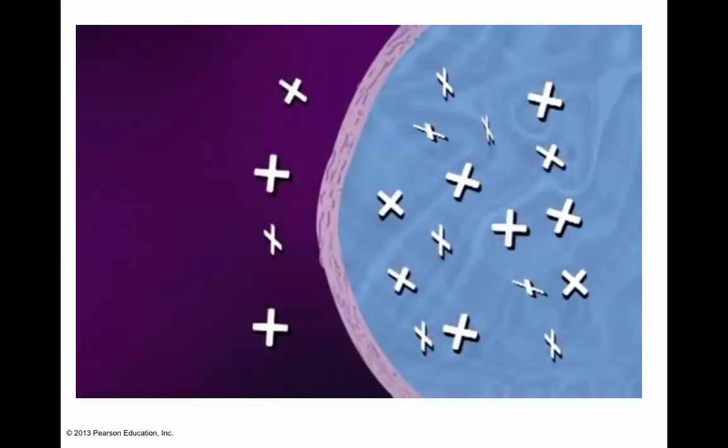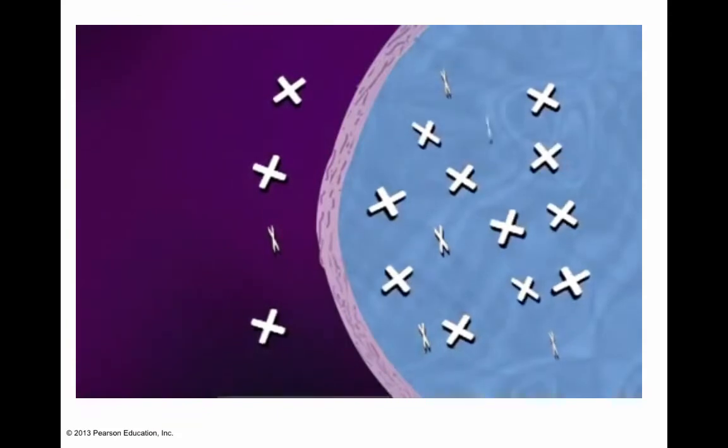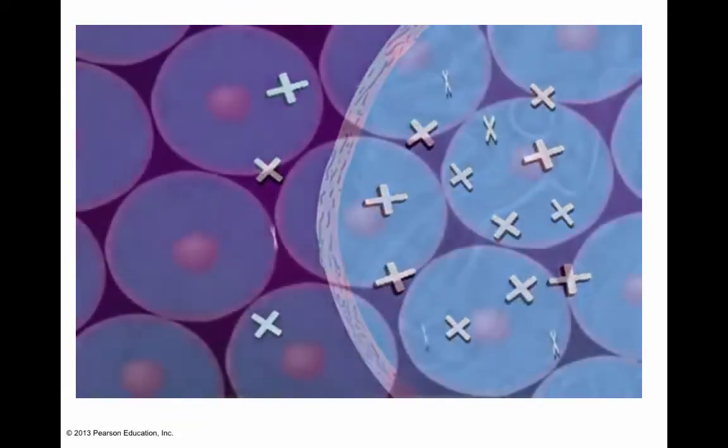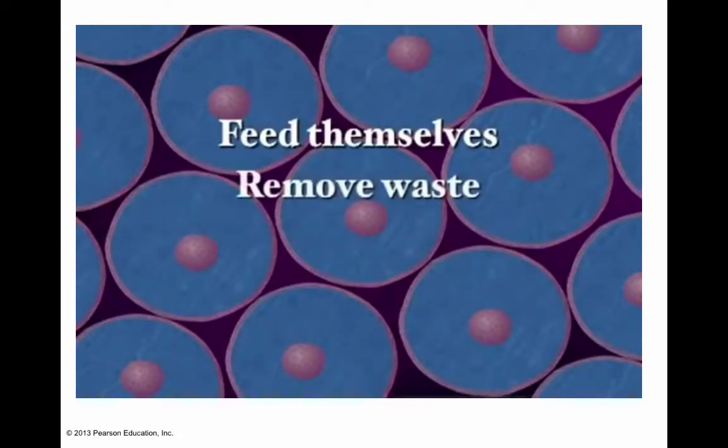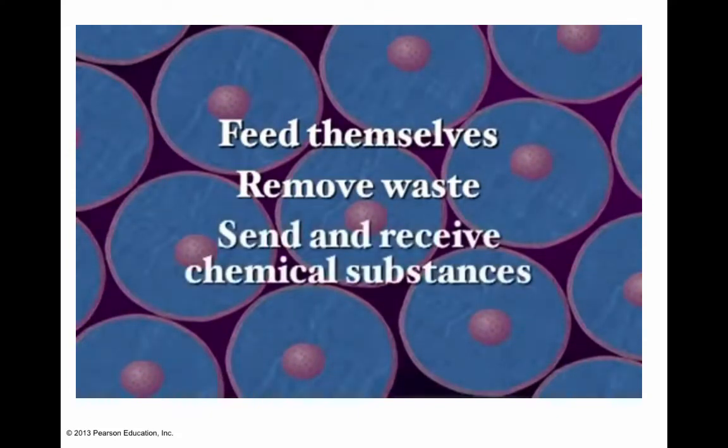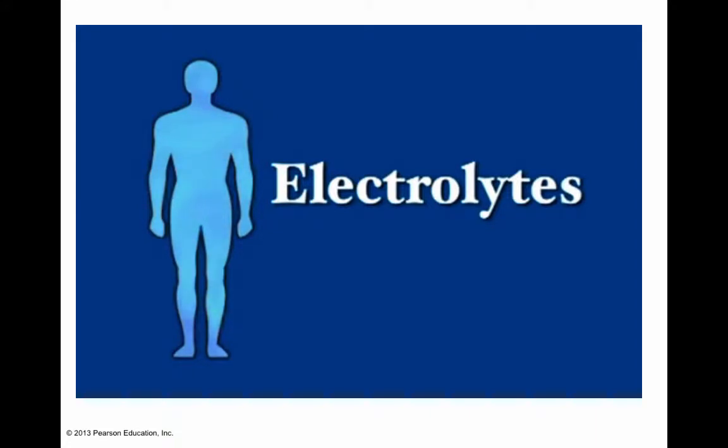Imbalances in electrolytes can disrupt this flow of fluids and cause many pathological conditions. The body's cells feed themselves, rid themselves of wastes, and send and receive chemical substances from all around the body. Much of this complex fluid transportation network is controlled by electrolytes and how they influence the movement of fluids through membranes. First, we will discuss sodium.